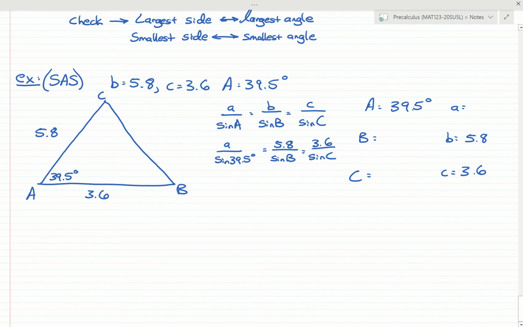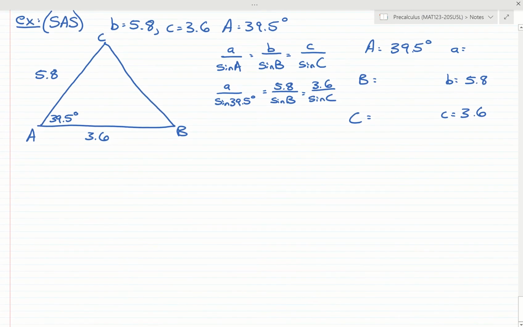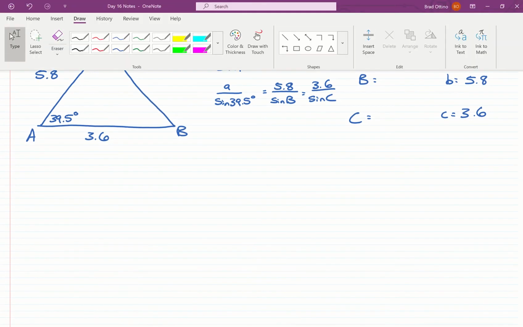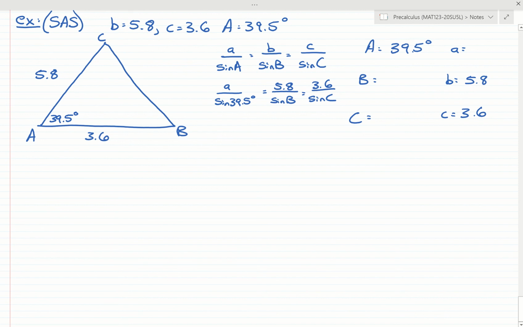All right, so we do know angle A though, so let's figure out what side A is using the law of cosines. Using the law of cosines, A squared would equal B squared plus C squared minus 2BC times the cosine of angle A. Well, B was 5.8, C is 3.6.